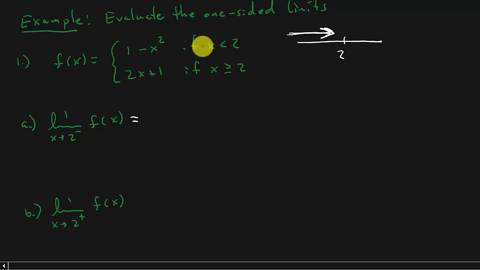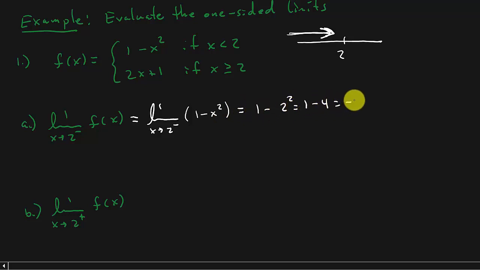So these are values less than 2 that we're plugging into this function. If you have a value less than 2 that you're plugging into the function, you use this function here. And so this would be the limit as x approaches 2 from the left of 1 minus x squared.